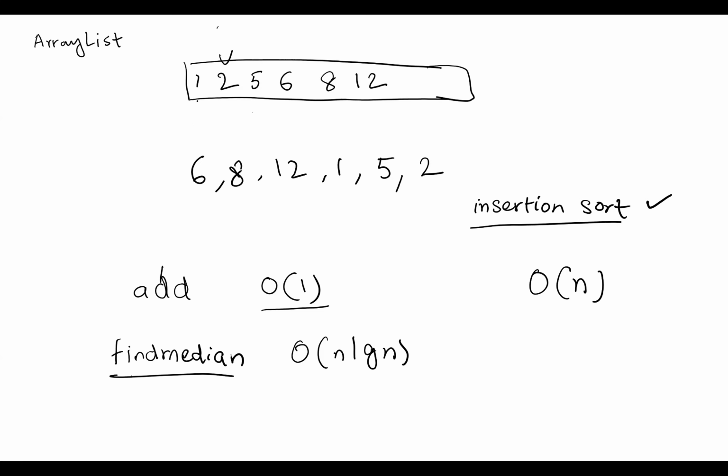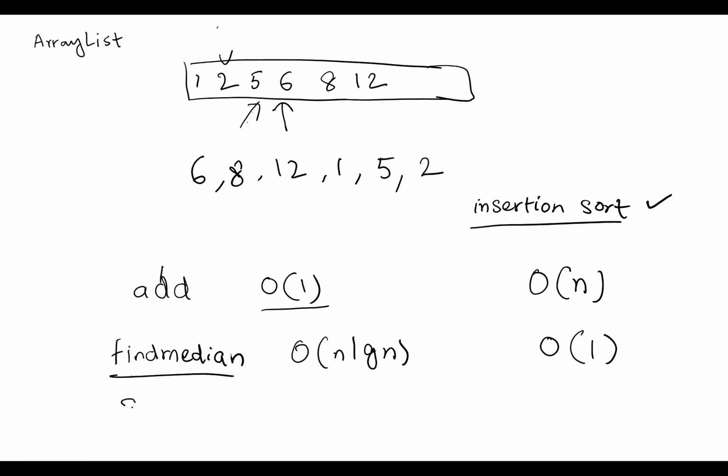We know we have 6 elements, and we keep track of it. If we have 6 elements, the median is the average of the third and fourth element, so I can just go to the middle and find it. So using insertion sort, I can make find median order of 1.